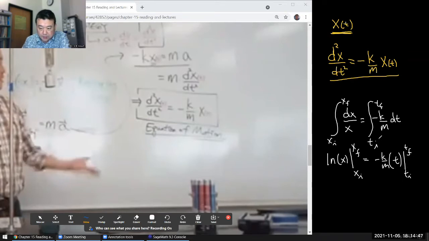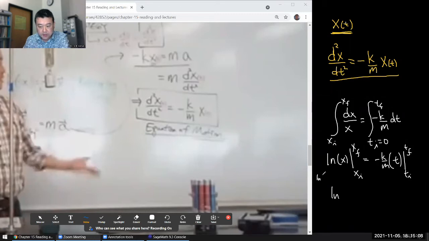And I can make things easier for myself by just saying my t initial was equal to 0. I'm pretty sure I can't say that x initial was equal to 0. That'll result in some issue here, so I'll just reserve that. So with that, I'm just going to imagine plugging this in.